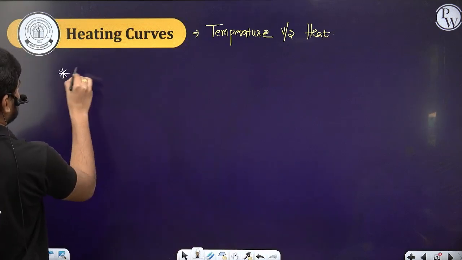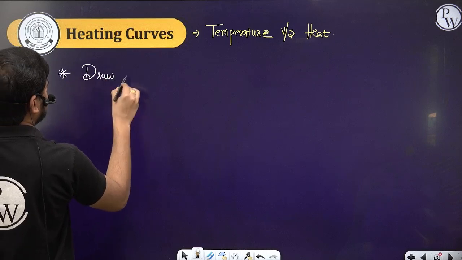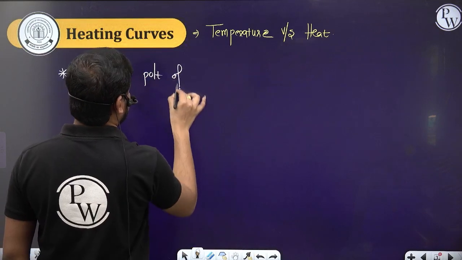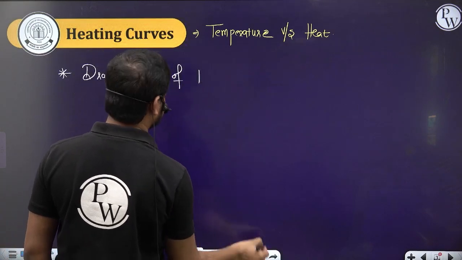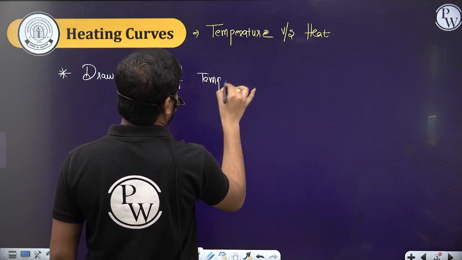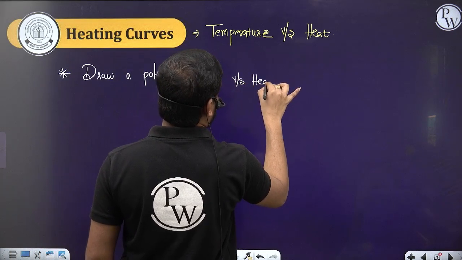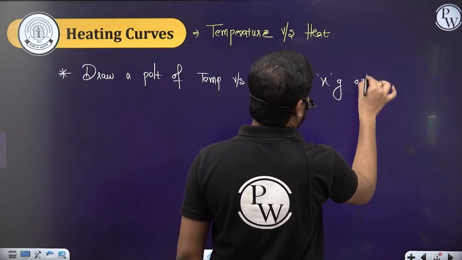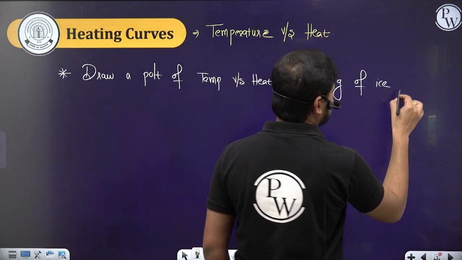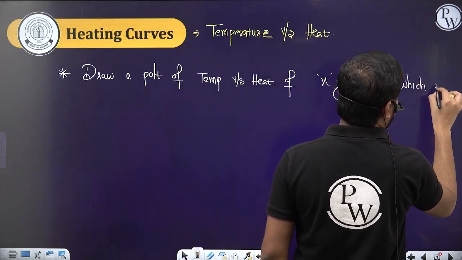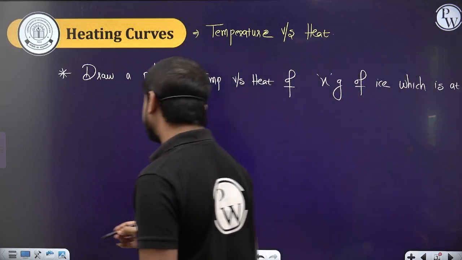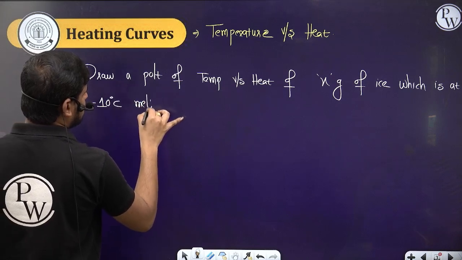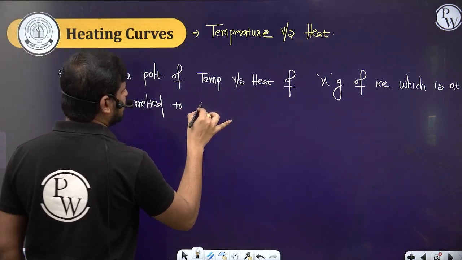Draw a plot of temperature versus heat of x grams, or some mass, of ice which is at minus 10 degrees centigrade, melted to 110 degrees centigrade.